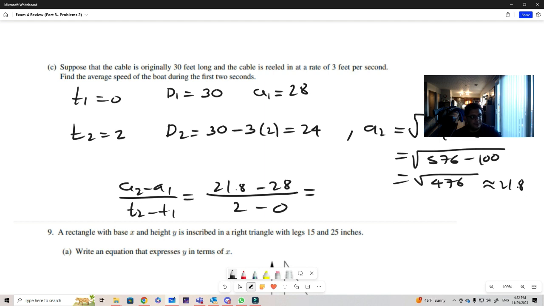And so that is going to be minus 3.1. And so this will be feet per second. That'll be the rate of change of movement here for the boat.